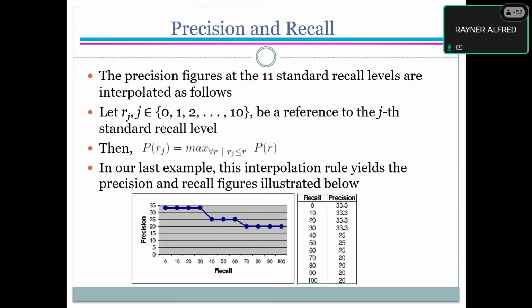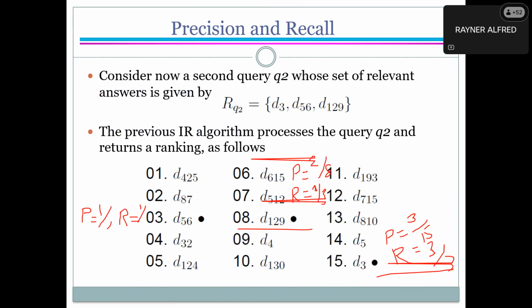okay, bear in mind this one. Plotting is very important here, because over here the recall is 1/3, right? The recall here is 2/3. The recall here is 3/3.